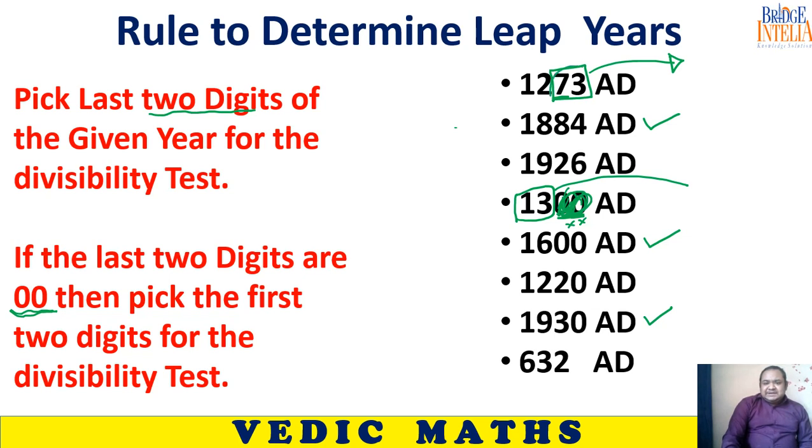So from 1273 AD we picked 73, the last two digits. But when we try to do the same on 1300 AD, we cannot pick 00, therefore we pick 13.